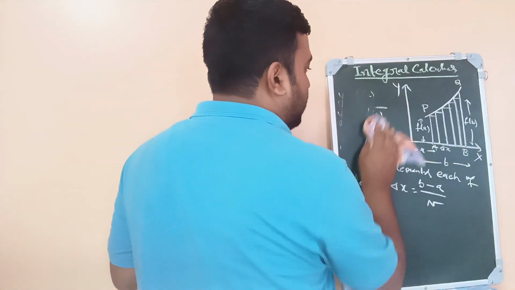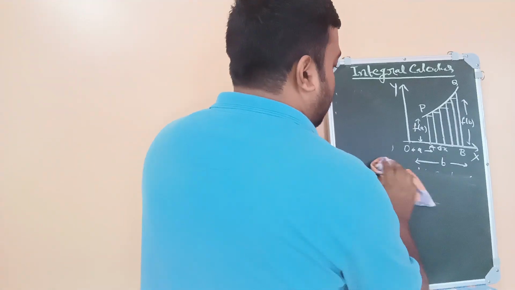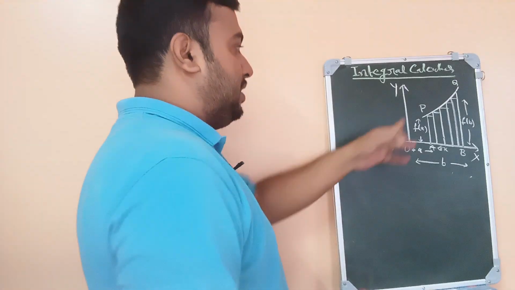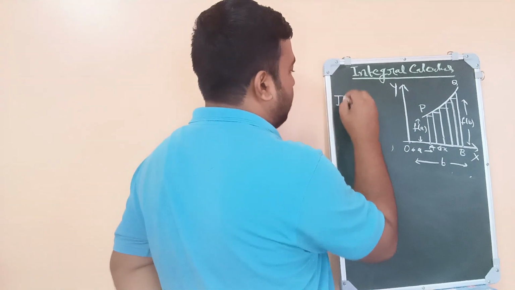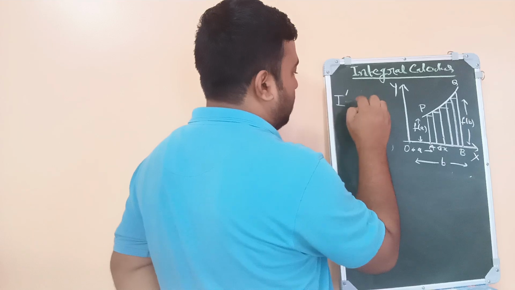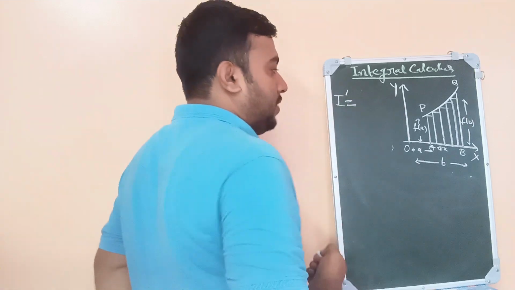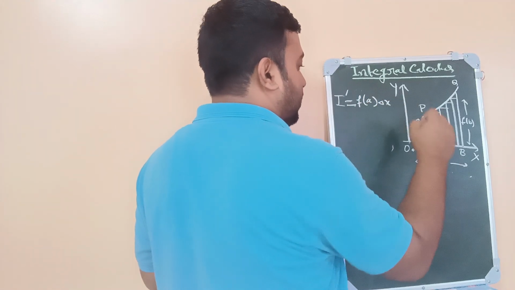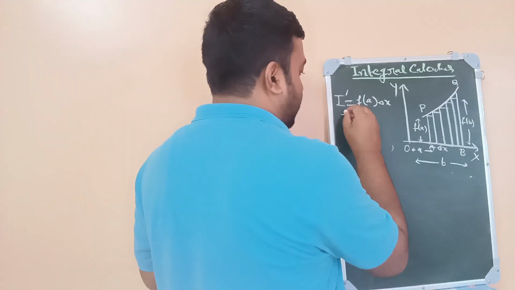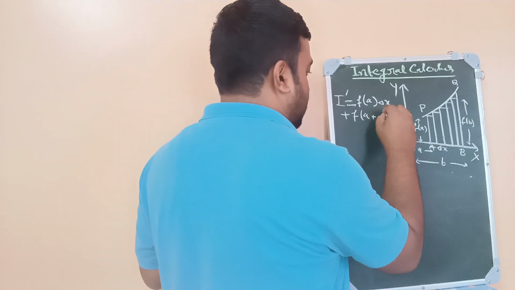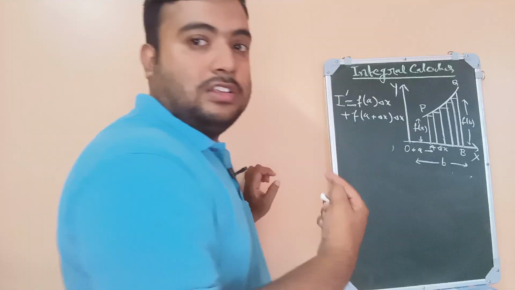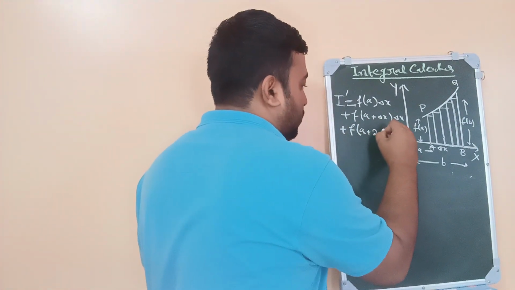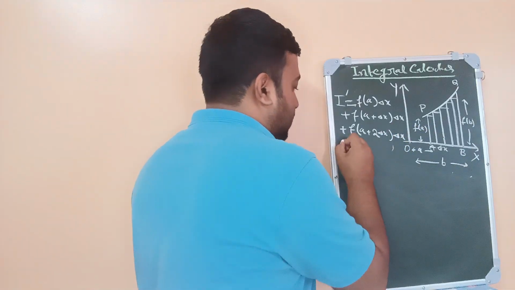So the area of this PABQ region, suppose this is I prime, is equal to f of A into delta x, that is the first rectangular bar, plus f of A plus delta x into delta x, the second rectangular bar, plus f of A plus 2 delta x into delta x, plus dot dot dot.